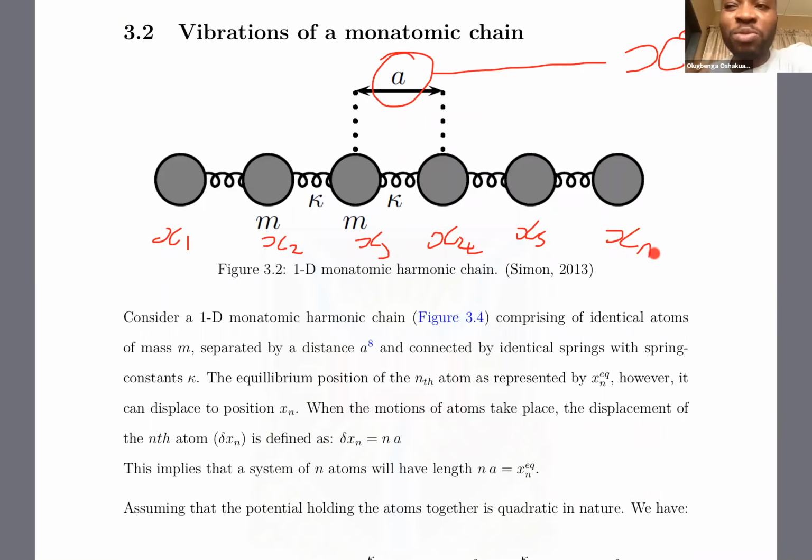And we should also remember that the fact that that is the equilibrium position does not mean that that is where we will always find them. It means that that is the average, a location where you will possibly find them, because they are there, but they are vibrating. They are shaking to the left and to the right.